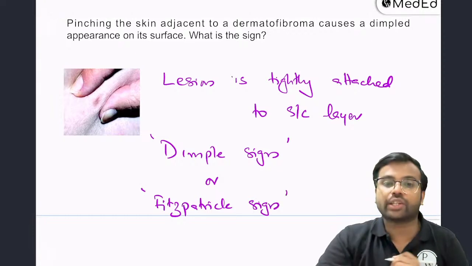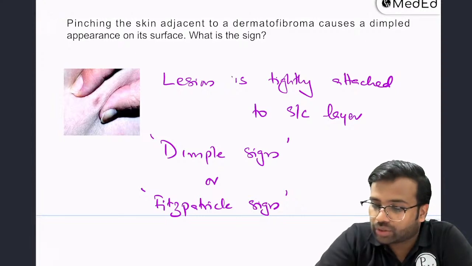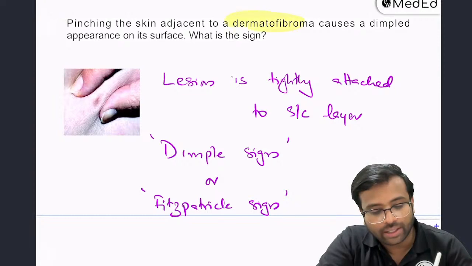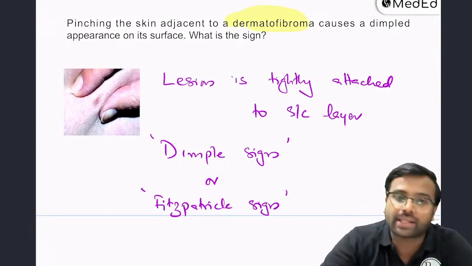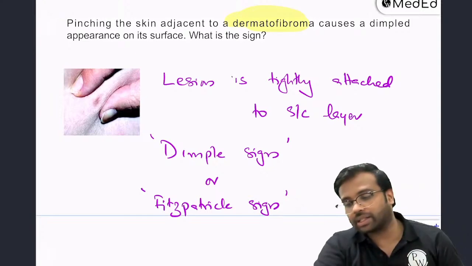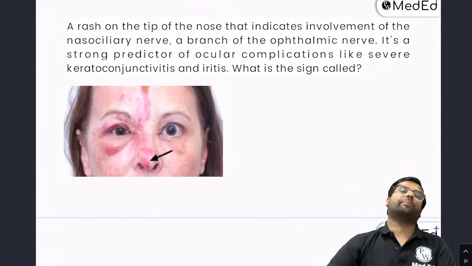So the dimple sign or Fitzpatrick sign is seen in a disease called dermatofibroma. Moving to the next one.